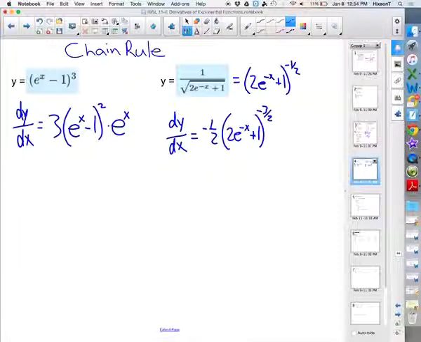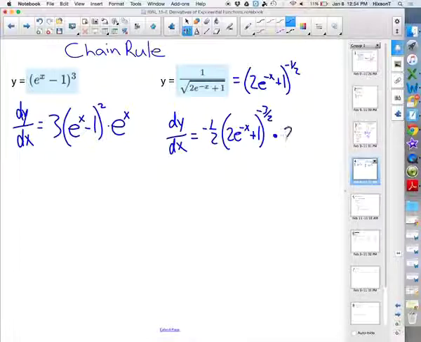But watch when I do the derivative of the inner function. We're doing the chain rule, but then when I do the derivative of the inner function, guess what I have to do again? The chain rule. The derivative of 2e to the negative x plus 1, the plus 1 is 0, so that's easy.